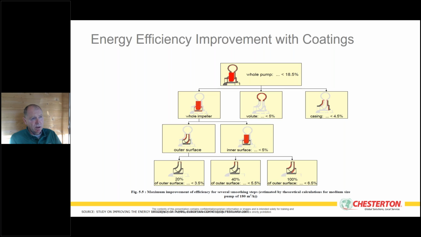They studied this in detail and looked at what could be achieved through smoothing the whole pump, and even through the various different parts: if you only coated part of the volute, or only the casing, or indeed only parts of the impeller surfaces. So you can see there are different amounts of efficiency improvement that can be achieved through the use of smoother, lower friction materials. Next.